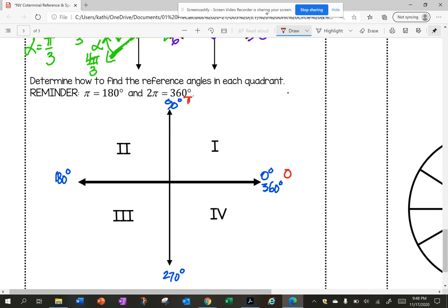This is pi over 2, pi, 3 pi over 2, and 2 pi.